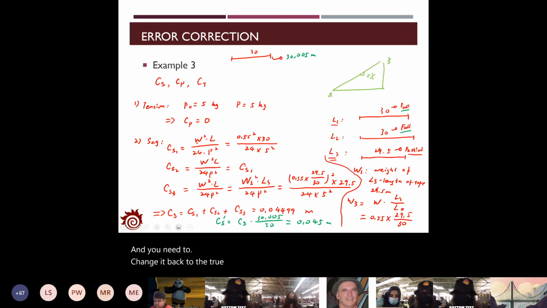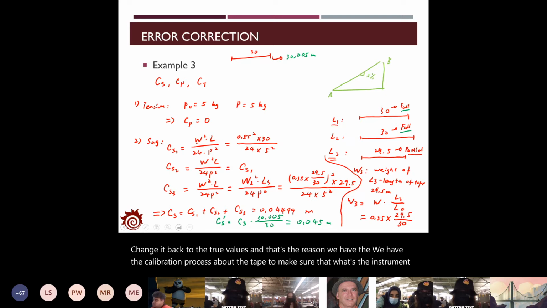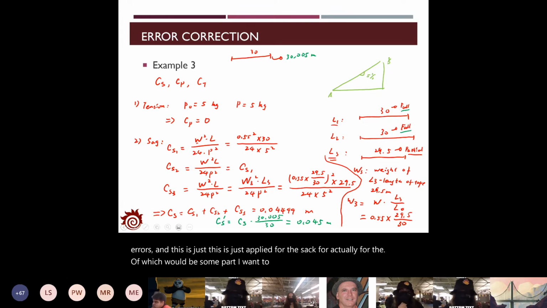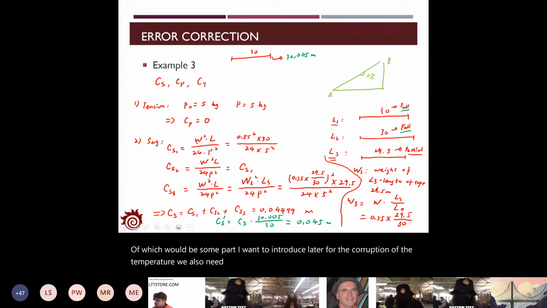That's the reason we have the calibration process for the tape, to make sure that you know what the instrument errors are, and this is just applied for the sag. For the correction of the temperature, we also need to apply a similar process. That would be the part I want to go through right now.